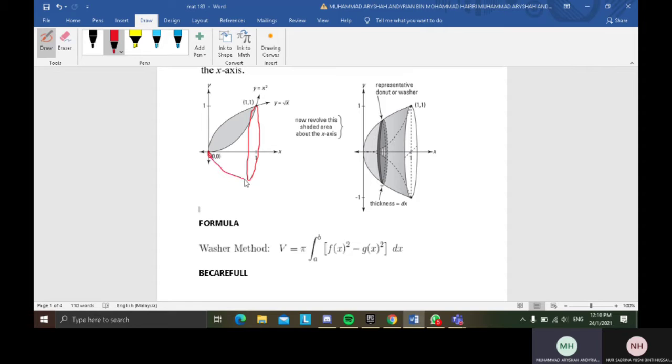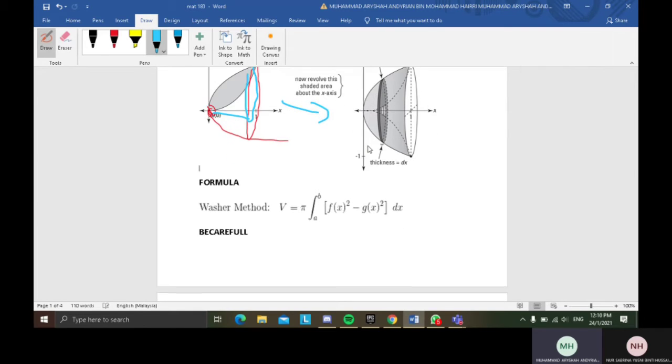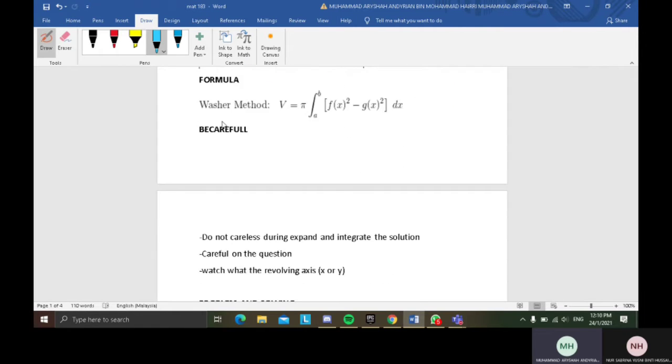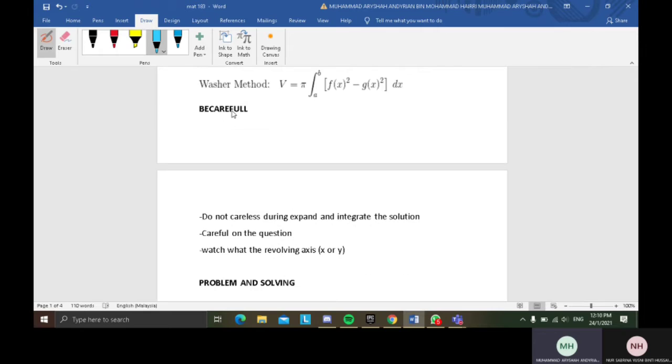So it will become like this, with a hole in it. As you can see in this image, this is the hole. So it looks like a donut or a washer. That's why we call it the washer method. So this is the formula.